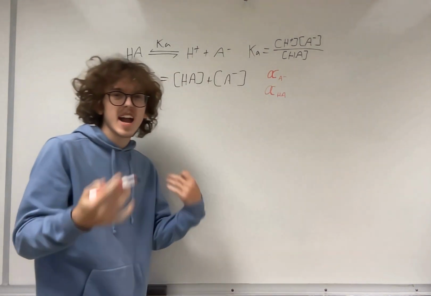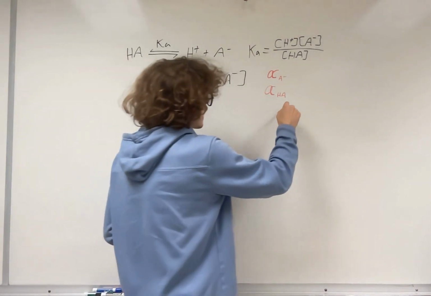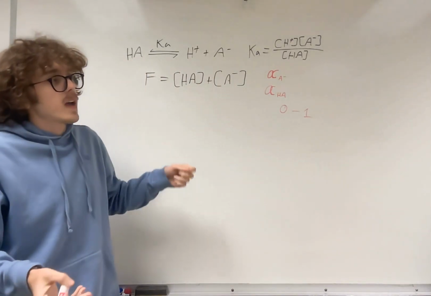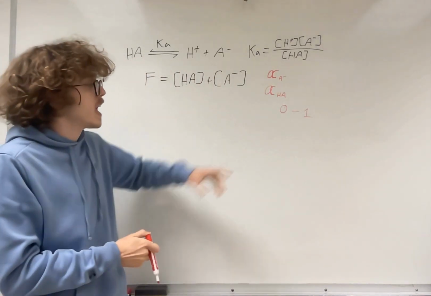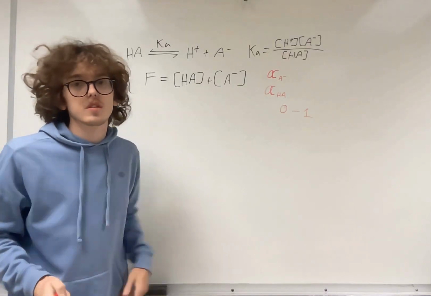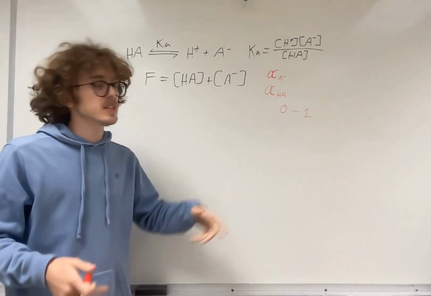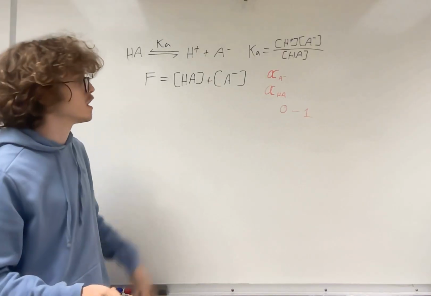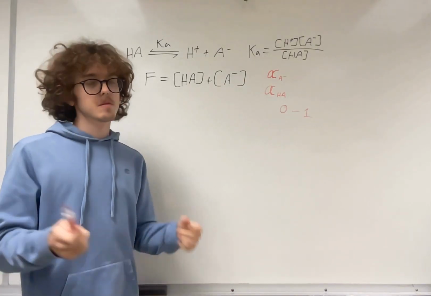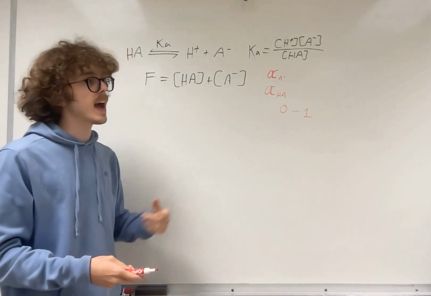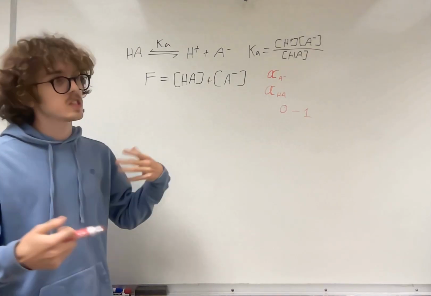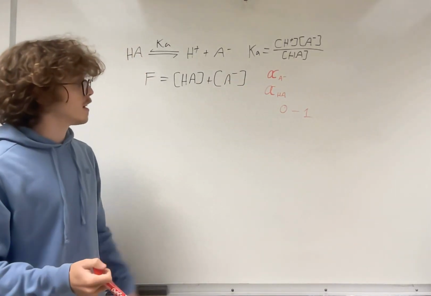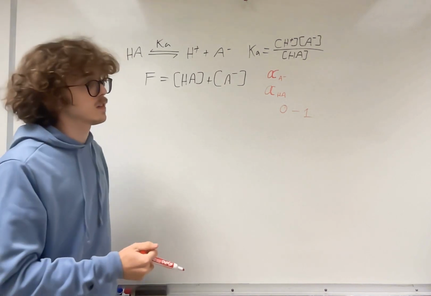It's just a fraction, and its magnitude is going to be 0 through 1, and it's going to tell us what fraction of the acid species is the undissociated HA. A minus is a similar idea, but with the conjugate base: how much of that acid species is in the form of A minus? That's going to be the fraction of A minus.